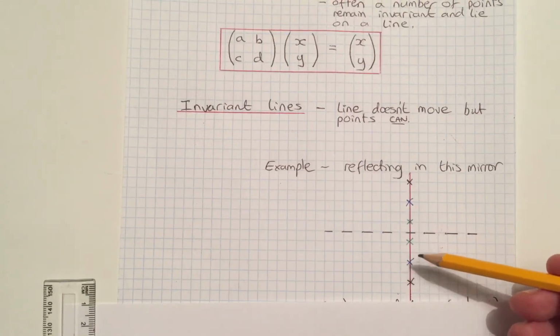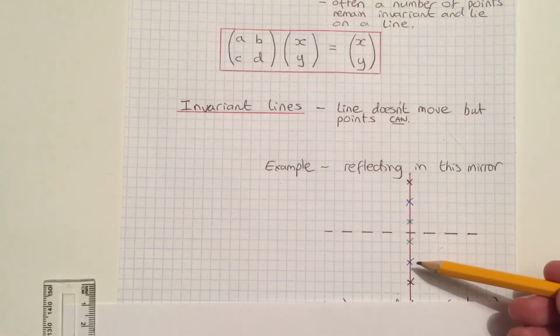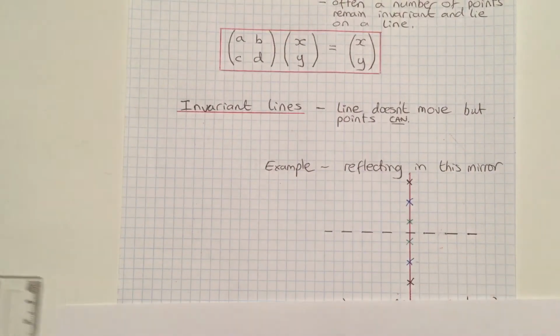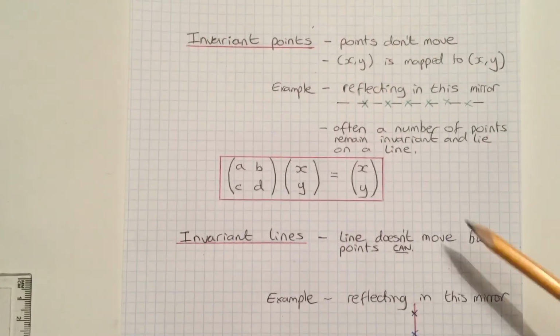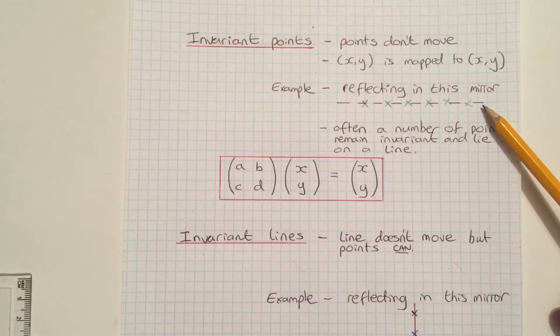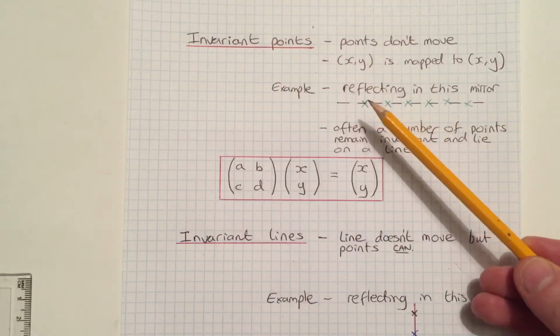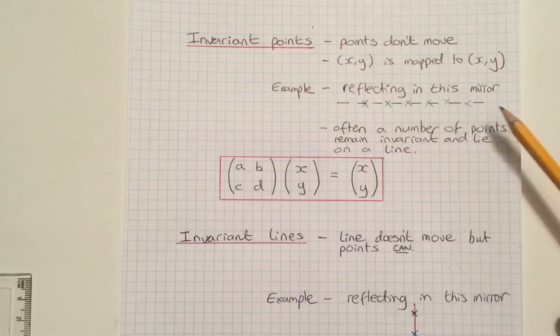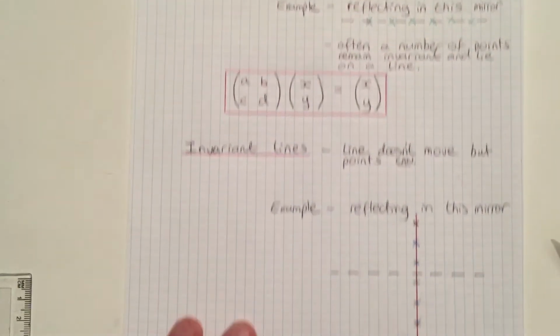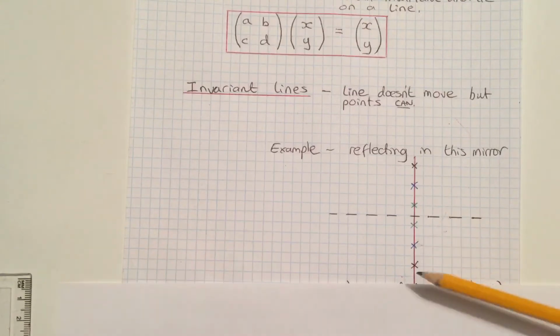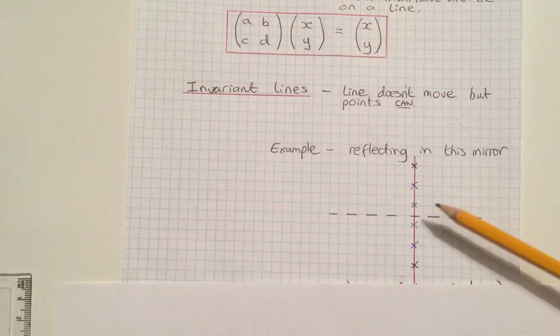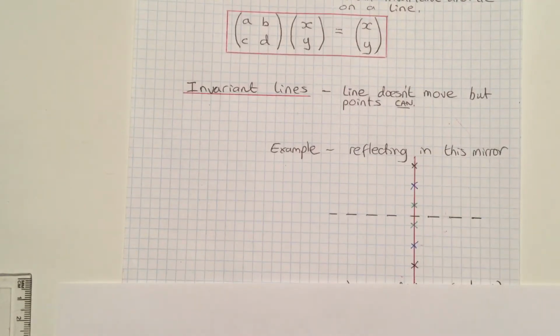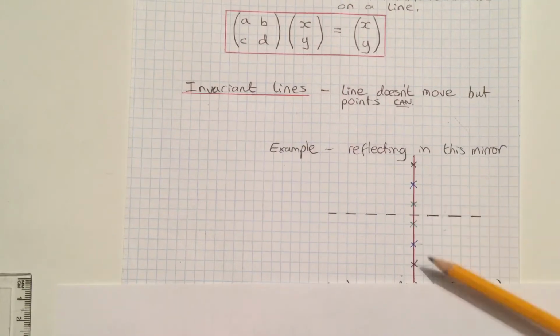But the line itself is invariant. So hopefully you can see the difference between a line of invariant points, where the points are not moving and they just happen to form a line, and an invariant line where the points on the line move but the line itself doesn't.